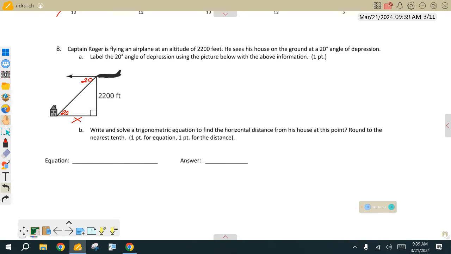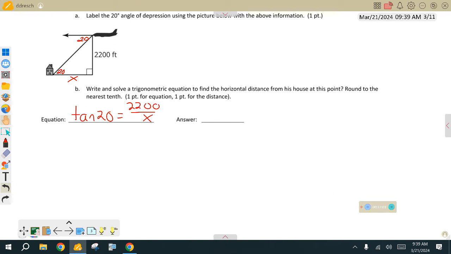We got tangent of 20 equals 2200 over x. And what happened with a lot of you guys is you had x over 2200. Go to your calculator, and instead of what some of you had, you should have 6,044.5 feet.